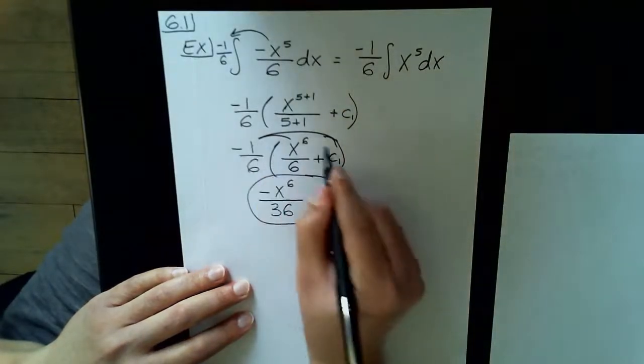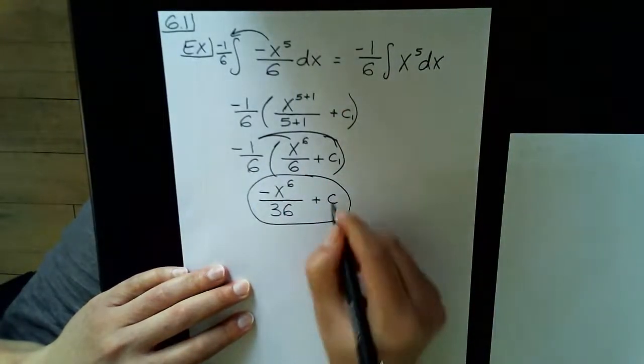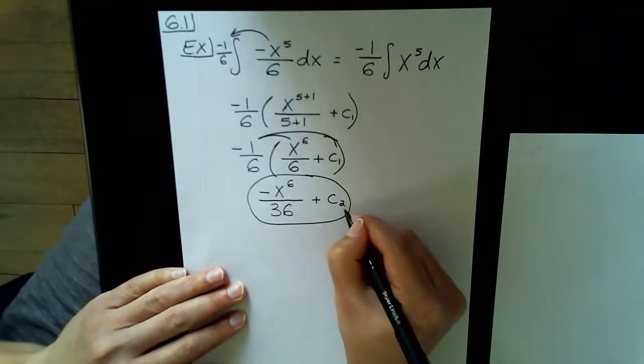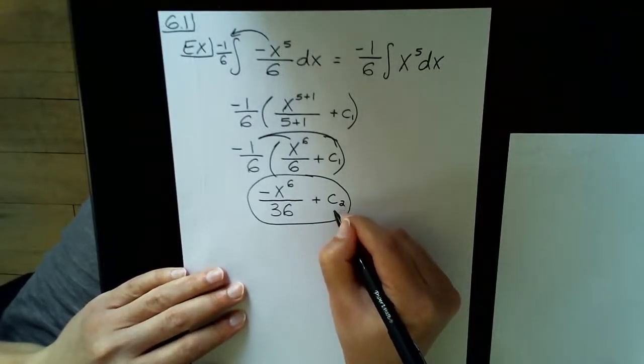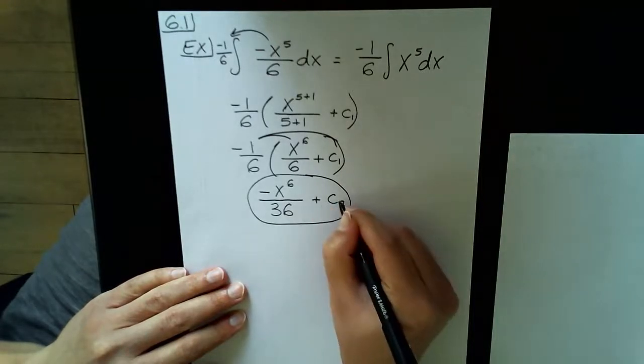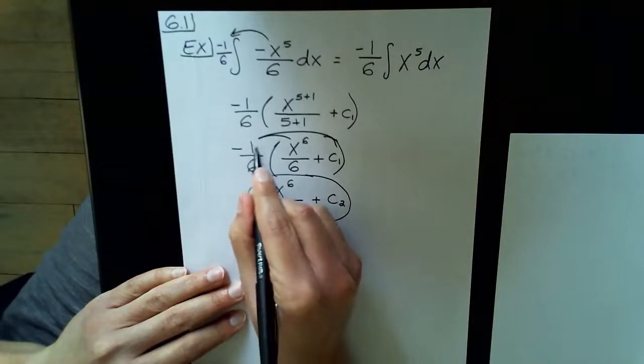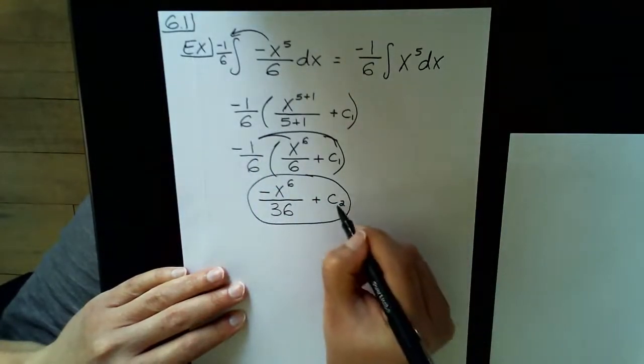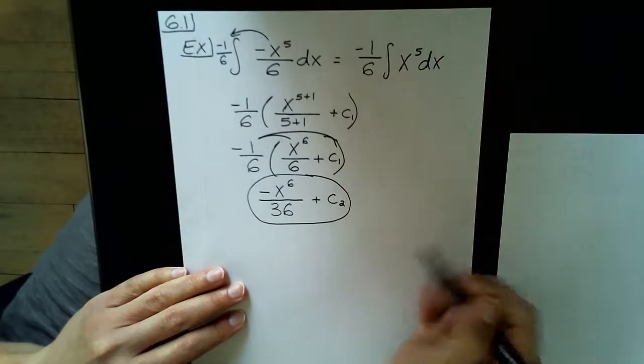But when we distribute that negative 1/6 to it, it's now c sub 2. It's a different c value, but at the end of the day, we're still just solving for whatever number is being added or subtracted, so it doesn't matter what's being multiplied there. It is still just some constant value added to the outside.